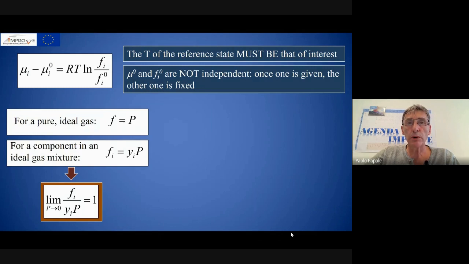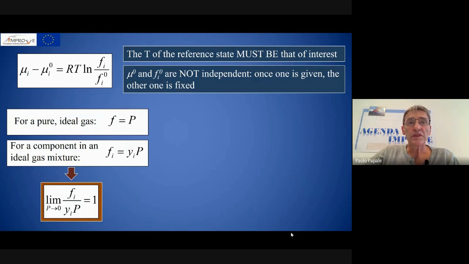For a pure component for which the mole fraction is equal to 1, fugacity corresponds to pressure for ideal gas behavior, and it is in general different from pressure for non-ideal gas behavior. The same holds for a component in a mixture, with pressure replaced by partial pressure. We will see how to deal with deviation from ideal behavior. Such cases represent the common situation, as the real world is real and not ideal.